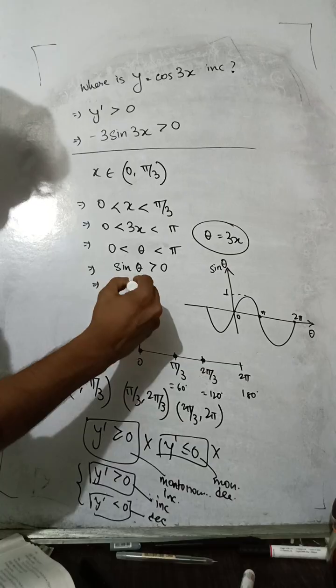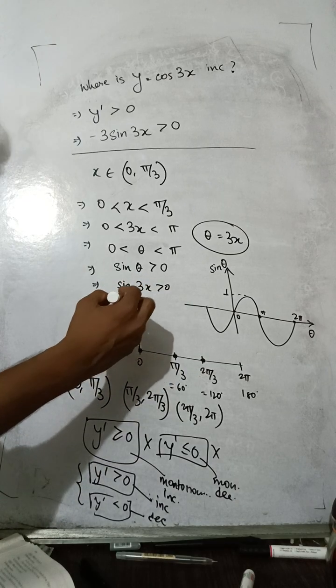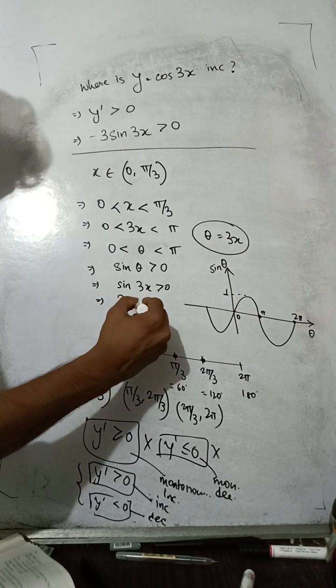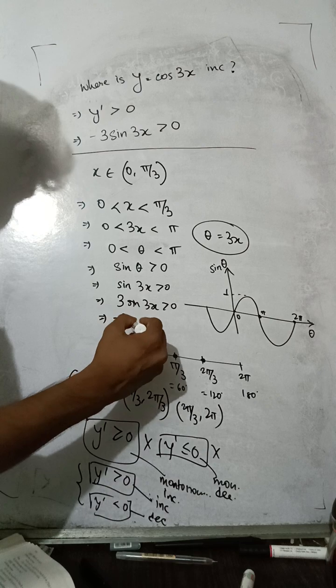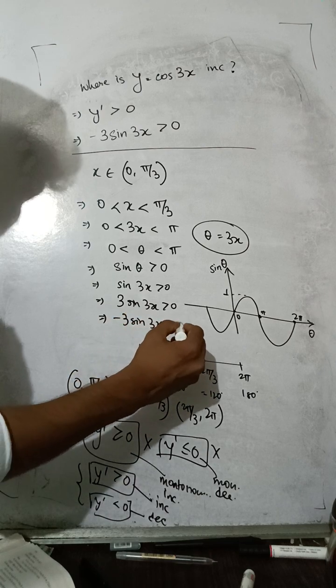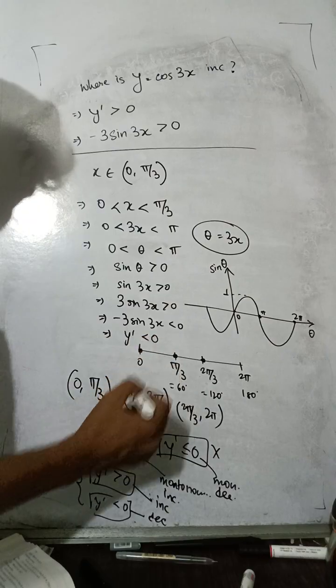So it means sine 3x is positive. This means that 3 sine 3x is positive. And this means minus 3 sine 3x will be negative, right? Which means our y dash will be negative.